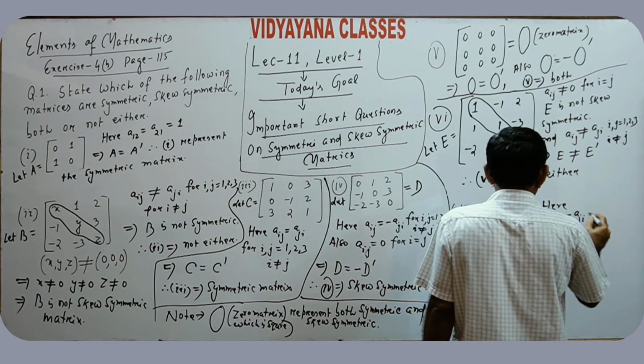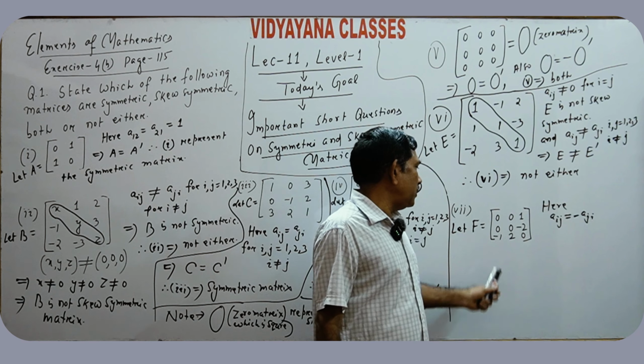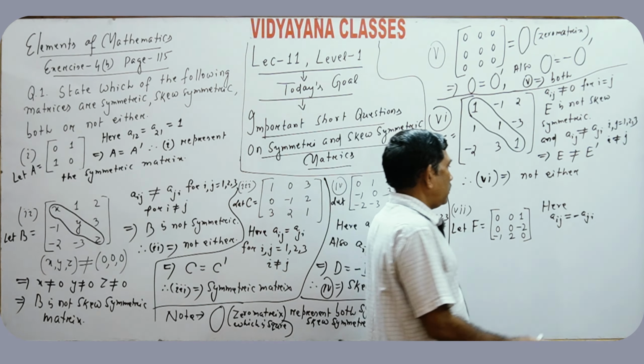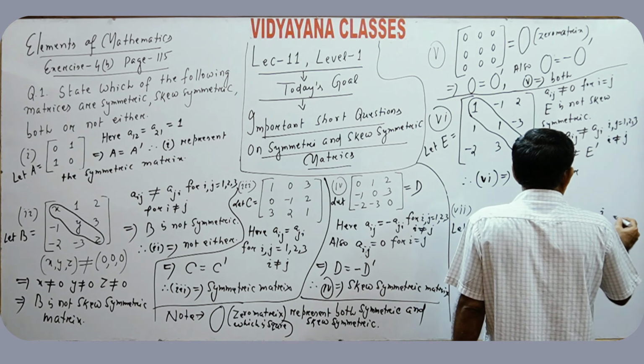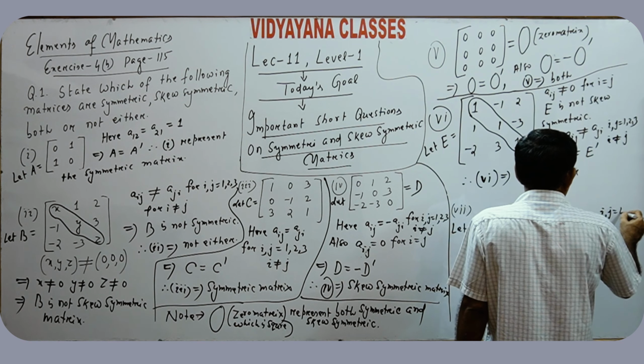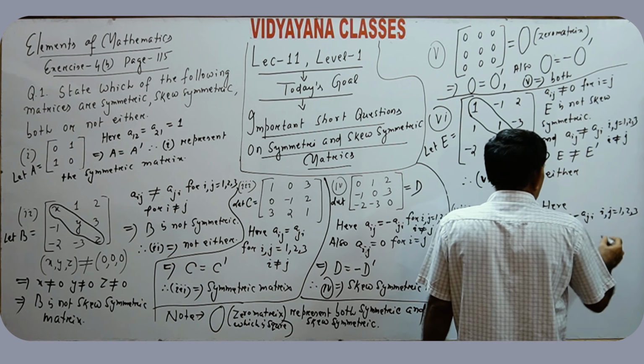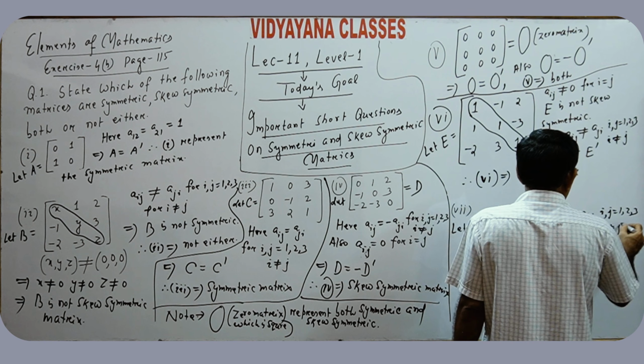Negative of this, negative of Aji. A13 is 1, A31 is minus 1. I, j varies 1 to 3, i not equal to j.